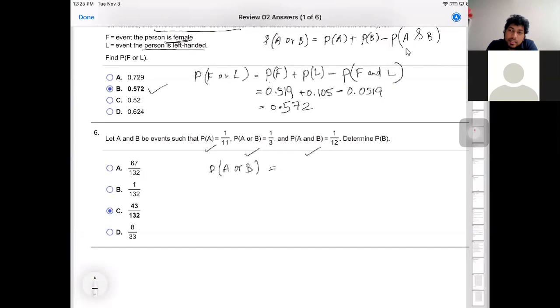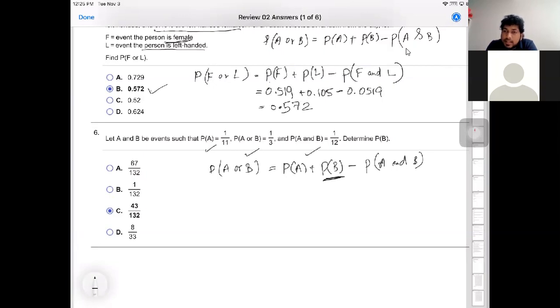why do we use the general addition rule? Because they haven't mentioned these events are mutually exclusive. If they are mutually exclusive, we can use the special addition rule, but here we don't have that. So probability of A plus probability of B minus probability of A and B. Clear? So what you need to find? This guy.